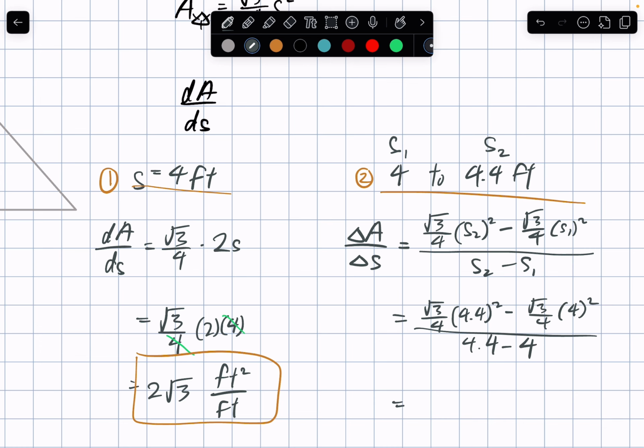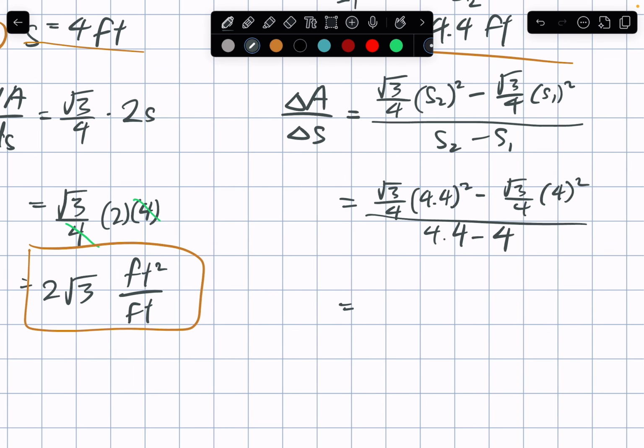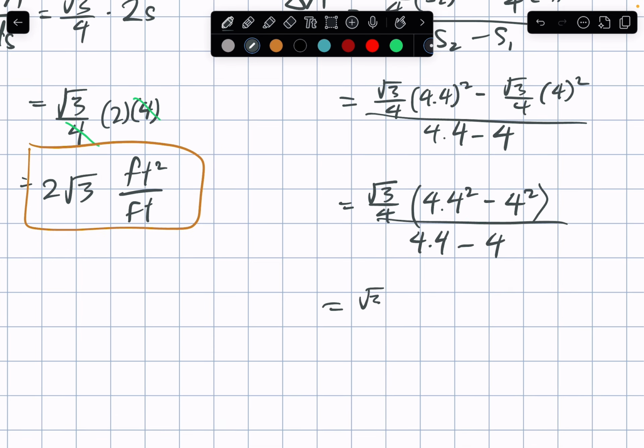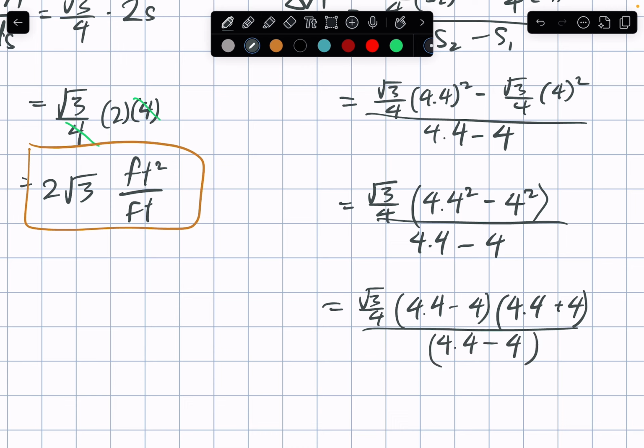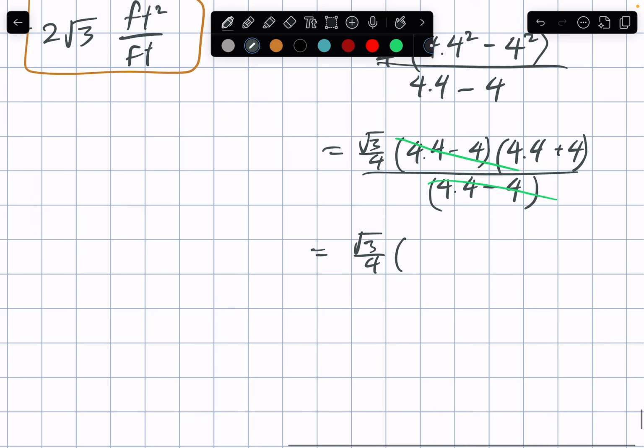Just substitute, basically. Now, at this point, we can factor square root of 3 over 4. So we have something like this. Further simplify. Then we can cancel something. 4.4 plus 4 is what? 8.4.